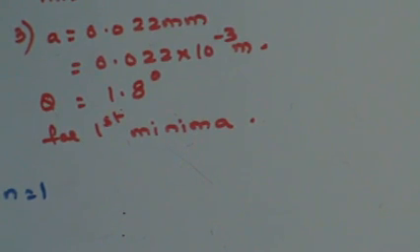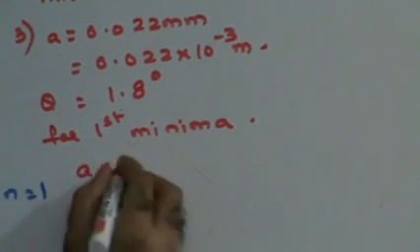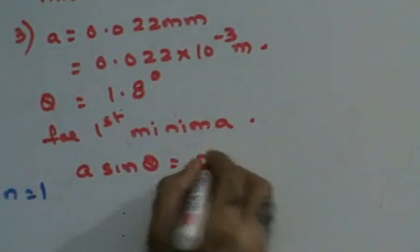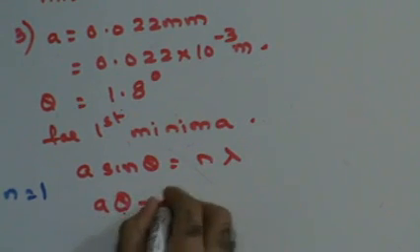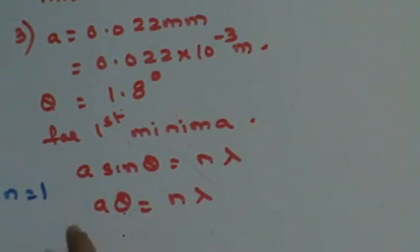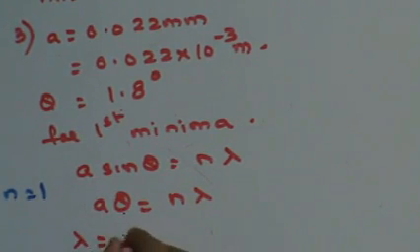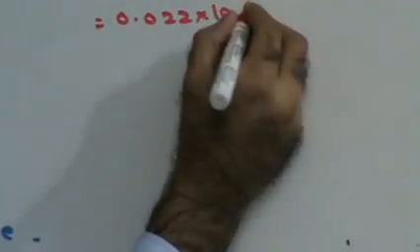Right? For minima, I can say that a sin theta is going to be equal to n lambda. Now, since theta is very small, straight away I can say a theta is equal to n lambda. A is given to me. I have to find out lambda. So lambda is going to be nothing but a theta upon n. A is 0.022 into 10 raised to minus 3.